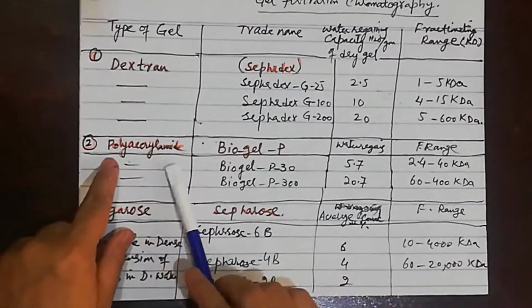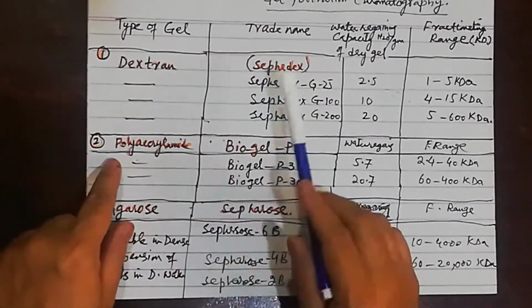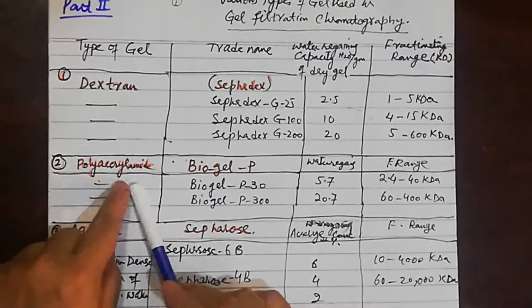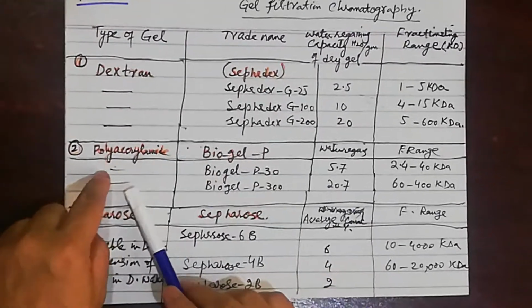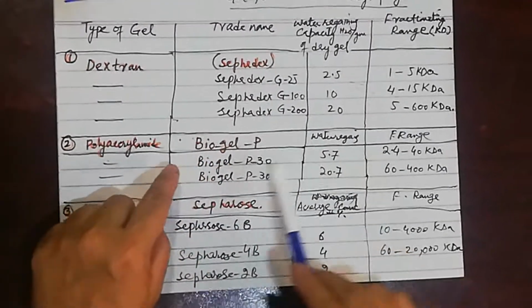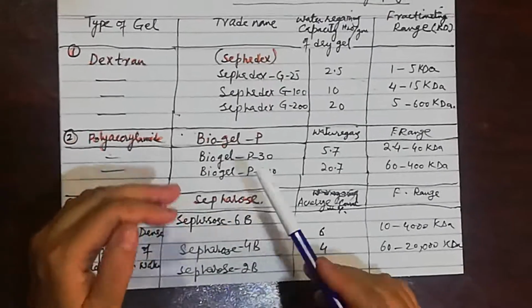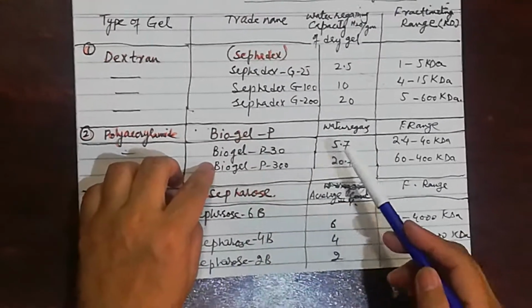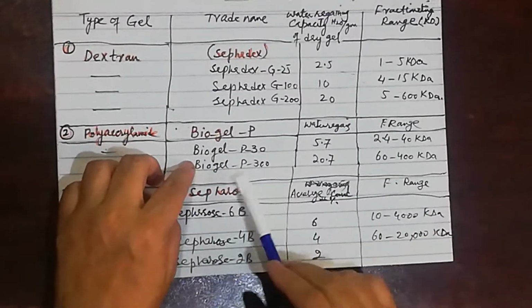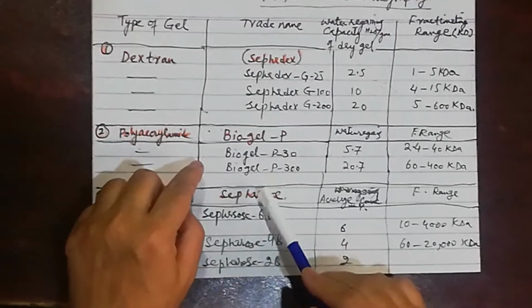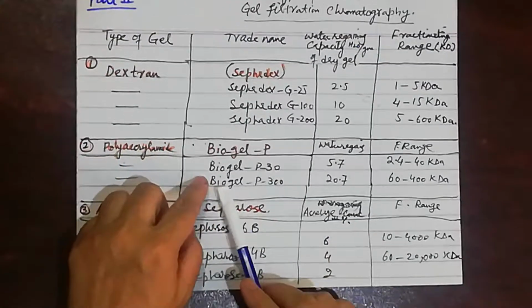The second type of gel used in gel filtration chromatography is polyacrylamide gel, whose trade name is Biogel P. It is available in varieties like Biogel P30, P100, P200, P150, and so on. I have put only two examples in order to remember.